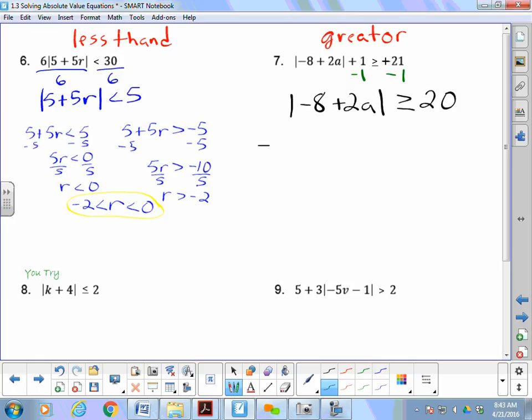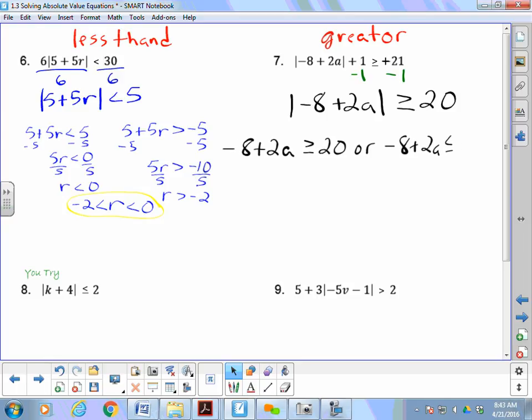So, negative 8 plus 2a is greater than or equal to 20. Or, negative 8 plus 2a is less than or equal to negative 20. I gotta move this. So we add 8 to both sides in both of them.